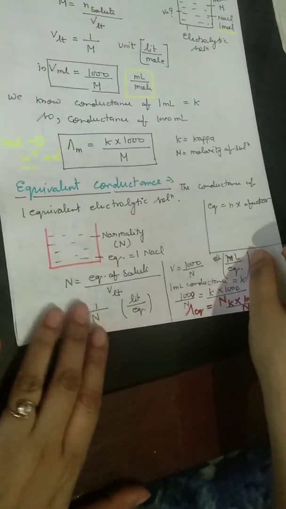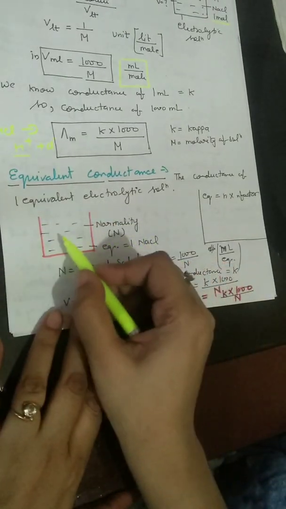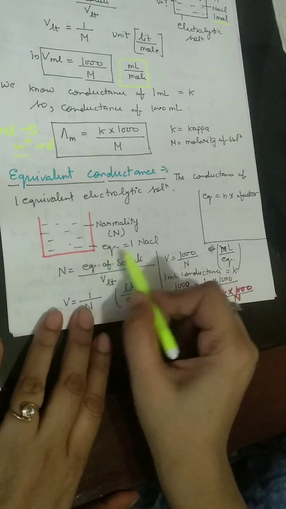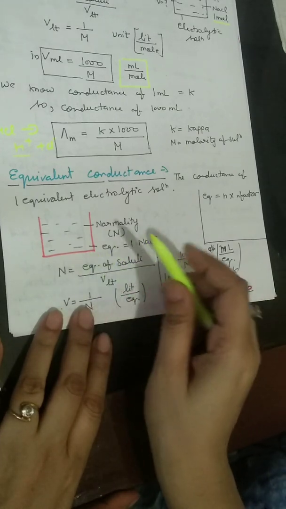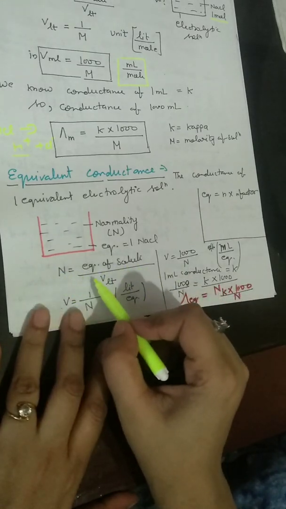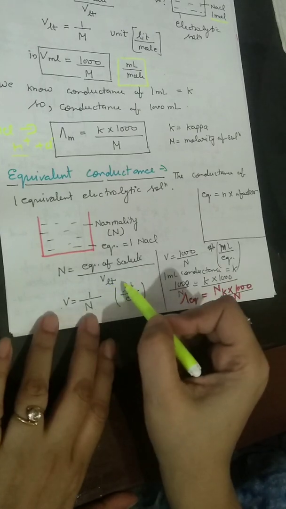Now we have a beaker in which we have the solution of normality N, and the equivalent electrolyte is NaCl. Now the formula will be normality is equal to equivalents of the solute by volume in liter.